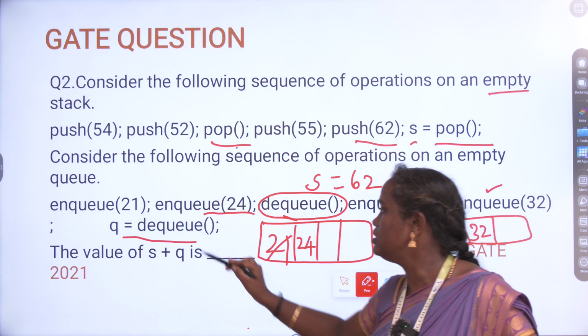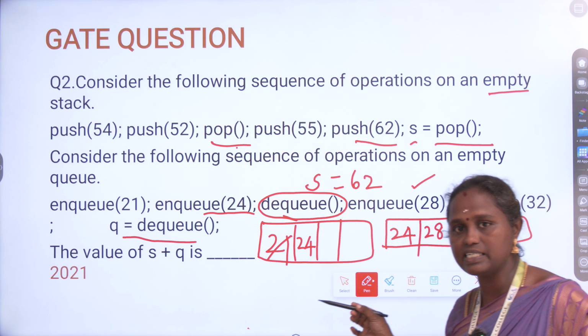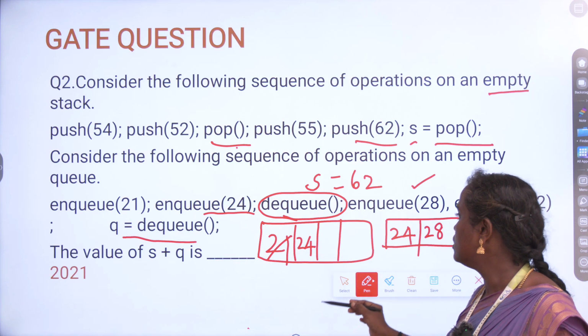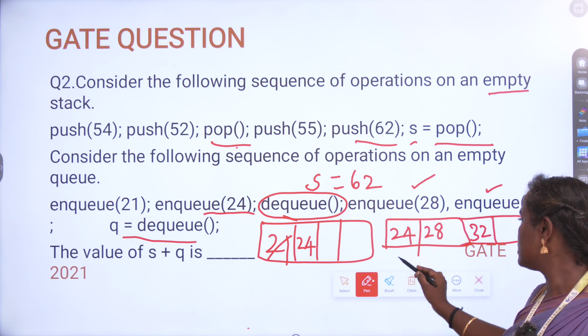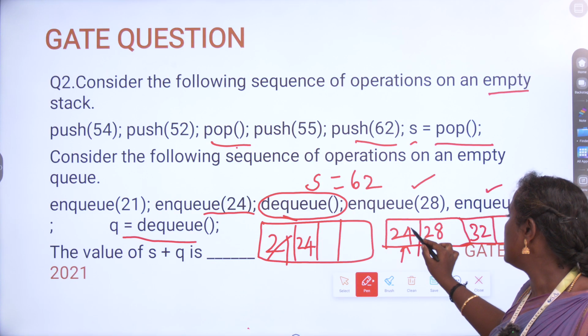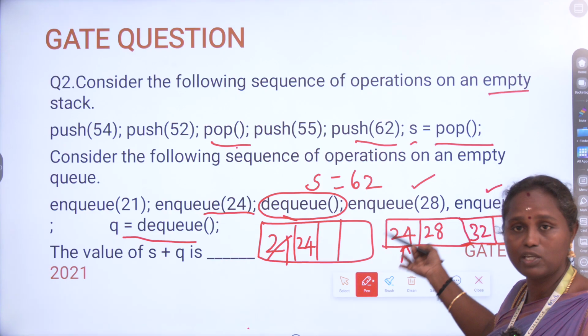Q is equal to DQ. So which means we have to perform the DQ operation and then we have to store it in a variable Q, right? So which is the element we have to remove from the queue? Since 24 is the next element we have entered in the queue, we have to remove this element from the queue, right?